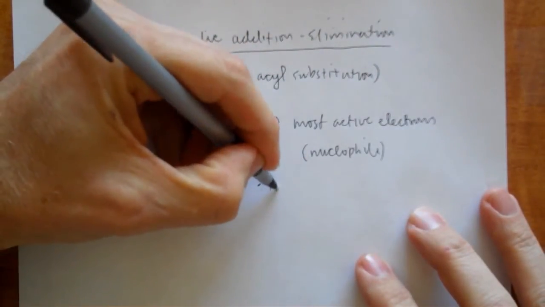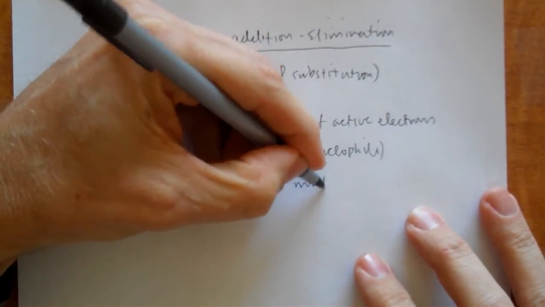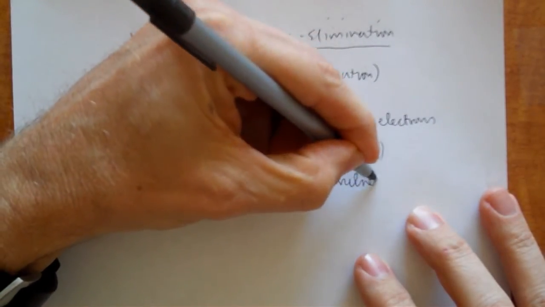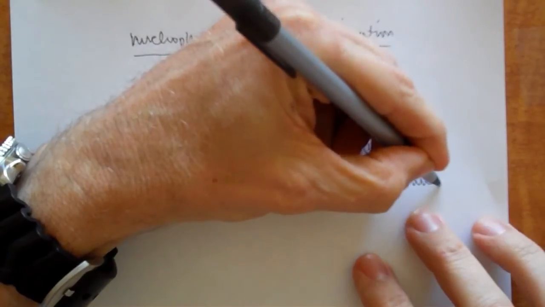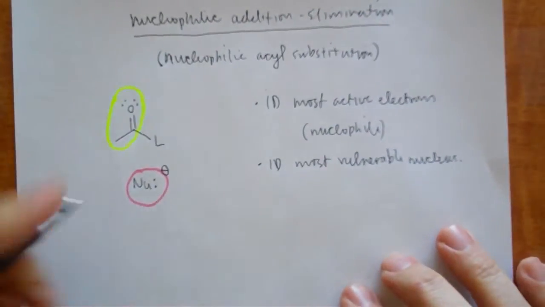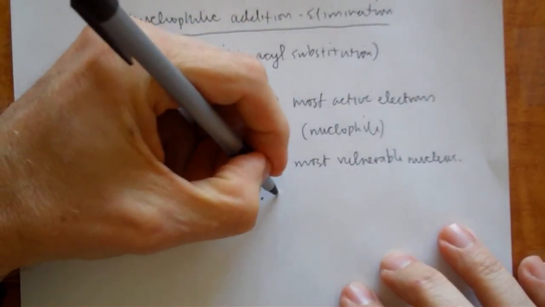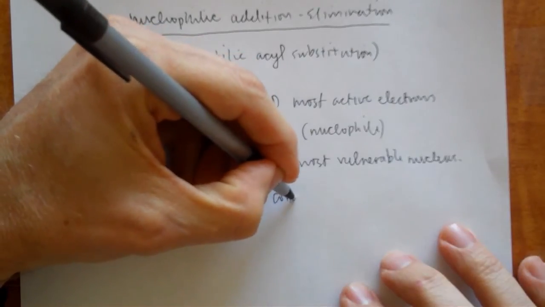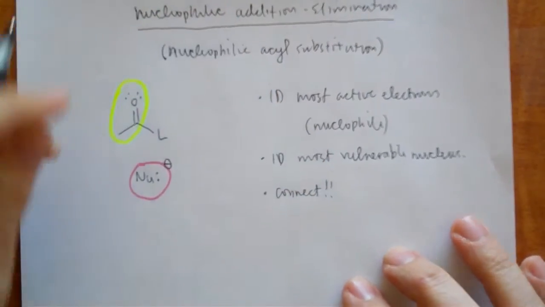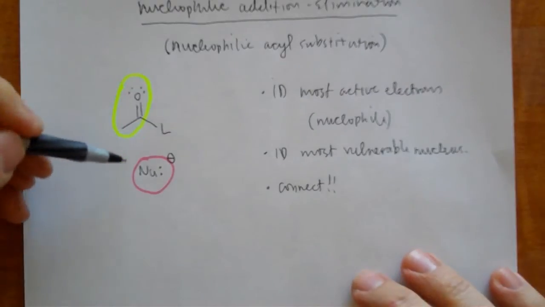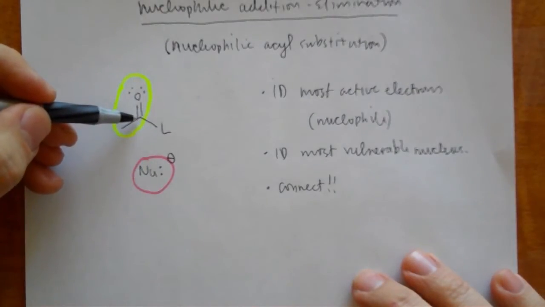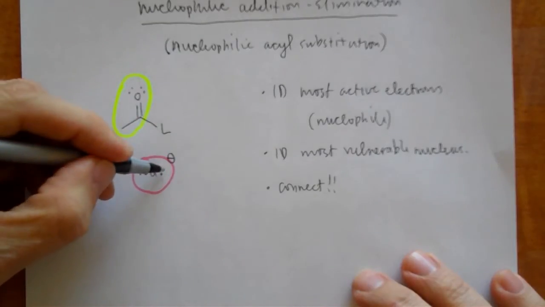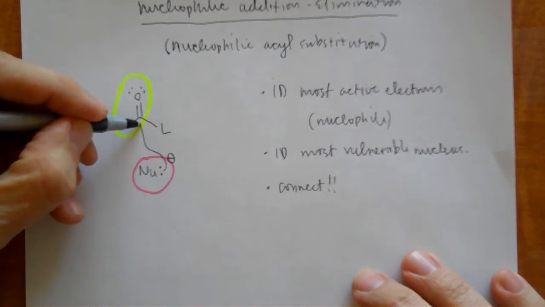And number two, you identify the most vulnerable nucleus, every time, every mechanism, right? And then three, of course, you connect. Boom, of course. All right. So this is the most active. These are the most active electrons here. This is the most vulnerable nucleus. So what we have here is boom.